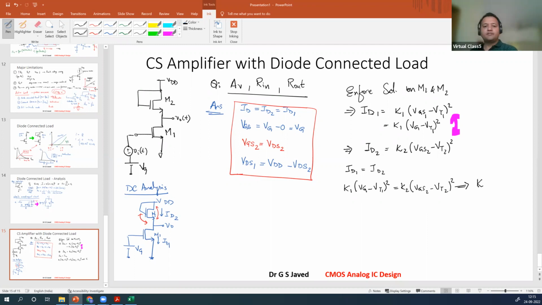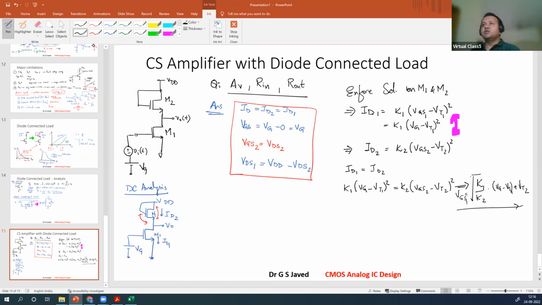So that will be square root of K1 by K2 times (VG minus VT1) plus VT2. Now this is equal to VGS2. This is one equation to refer.